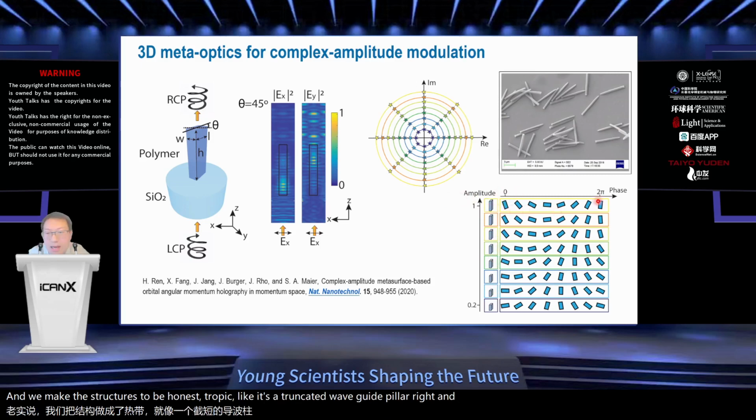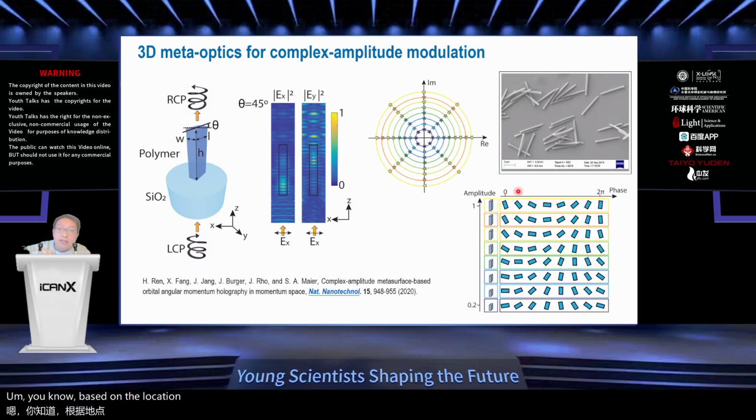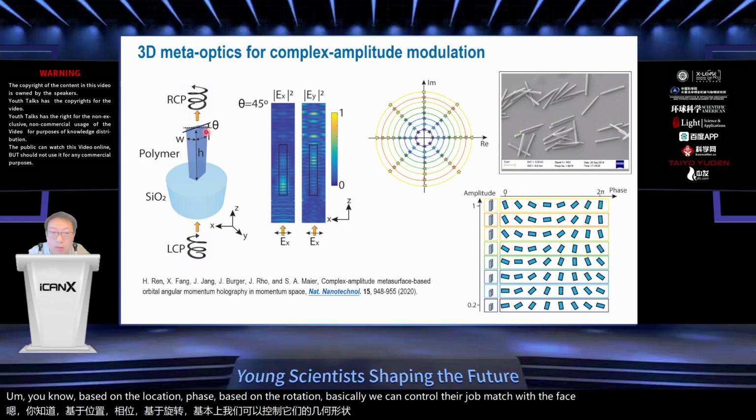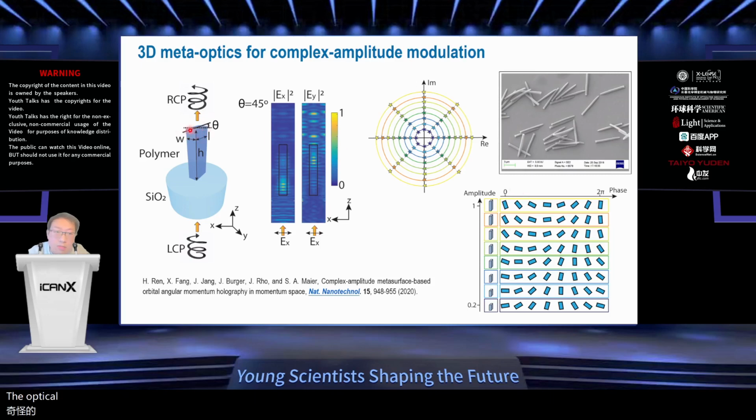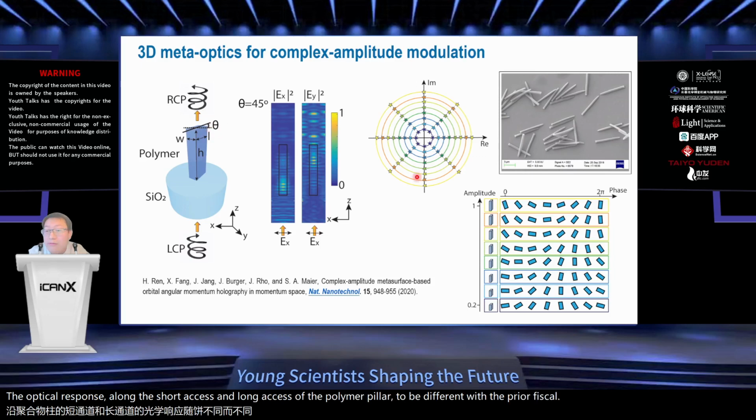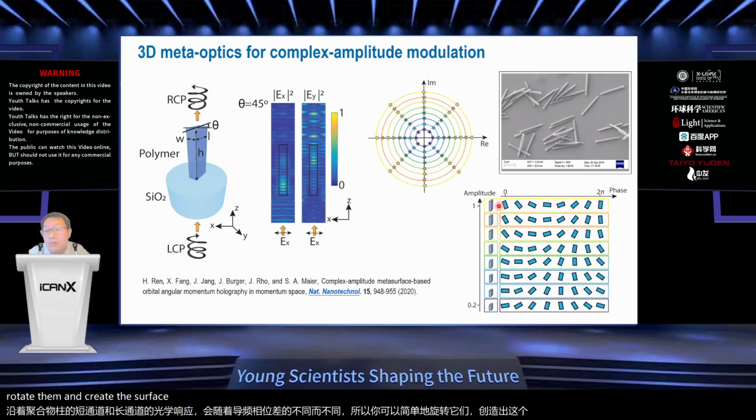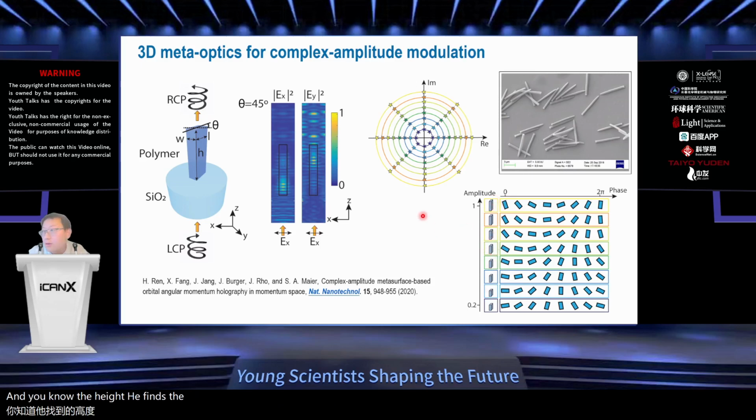And in the XY directions, based on the rotation phase, we can control the geometric phase response by making the optical response along the short axis and the long axis of the polymer pillar different, with a pi phase difference, so that you can simply rotate them and create this phase response. And the height defines the amplitude.